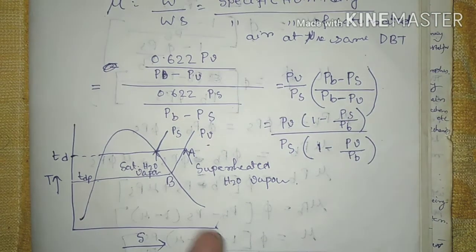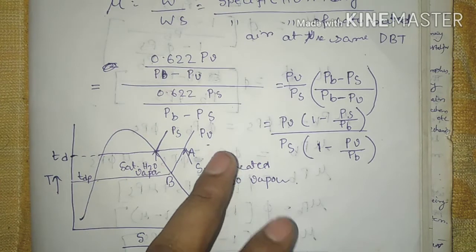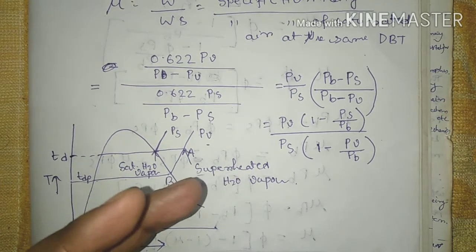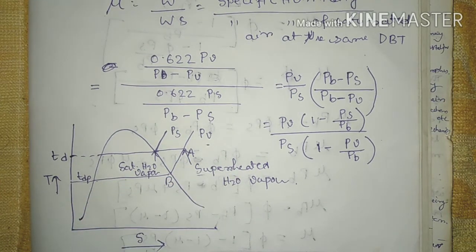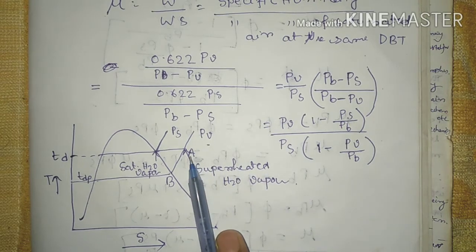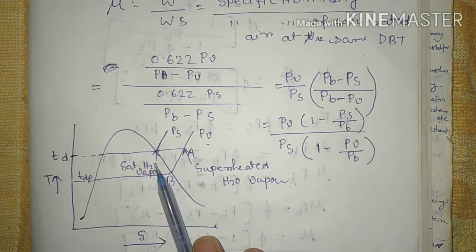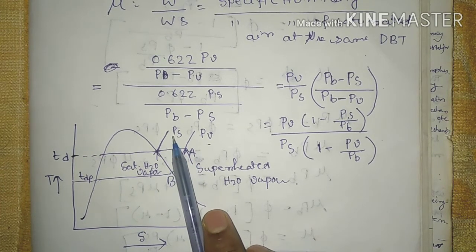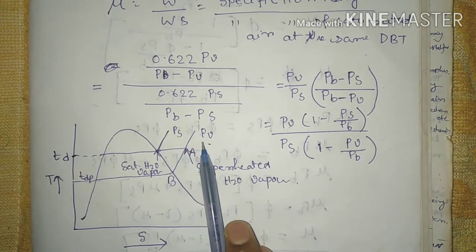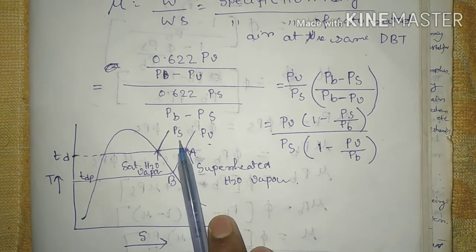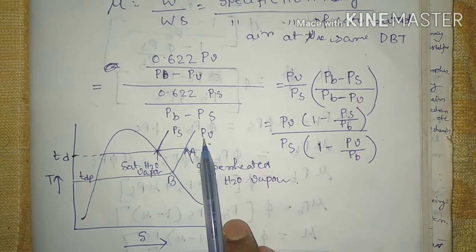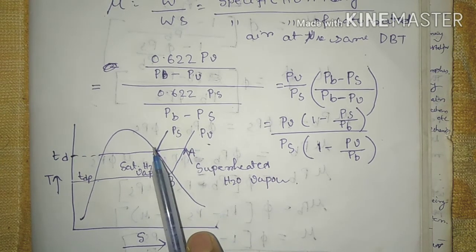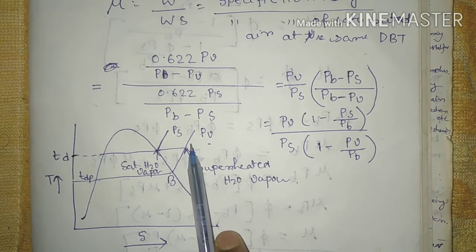So when we add the maximum amount of water to a particular moist air, the unsaturated air will reach saturated water vapor at a particular pressure, and that pressure is called PS. So PV reaches PS when the water vapor is the maximum that can persist in a particular moist air.